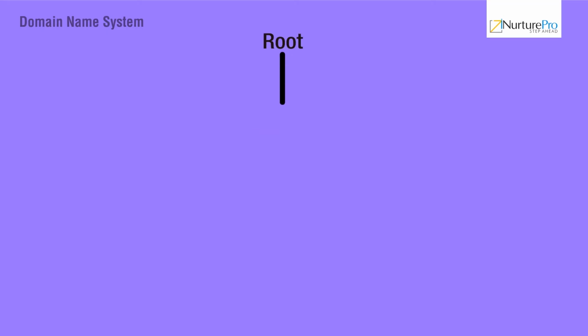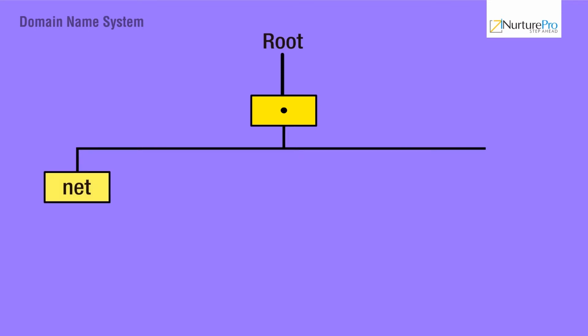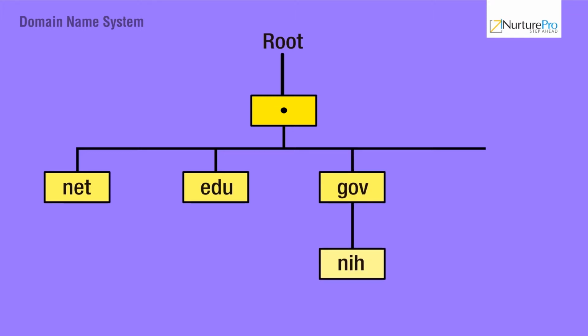A DNS also has other top-level domains that include .net for networking organizations, .edu for educational organizations, .gov for governmental organizations, and .org for other organizations.